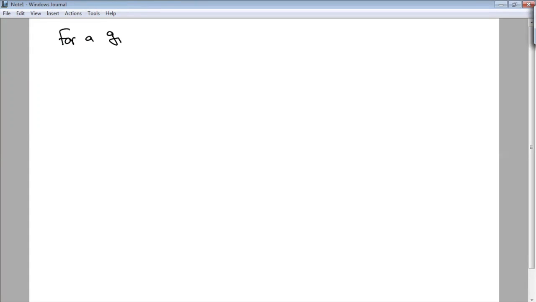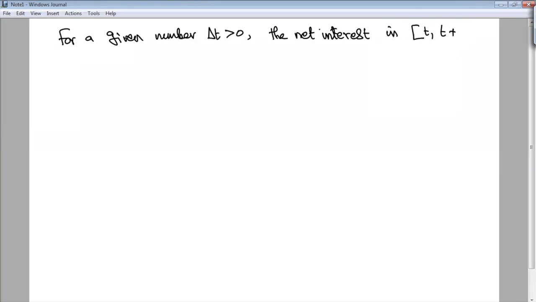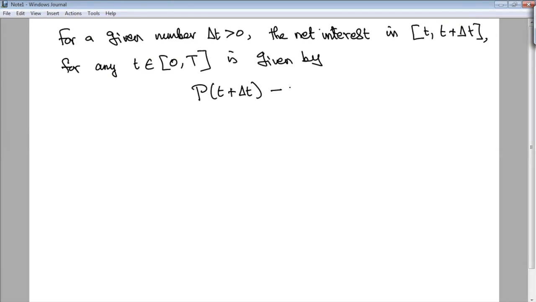For a given number delta t greater than 0, we can see that the net interest obtained in the interval t comma t plus delta t, for any t in the interval 0 to capital T, is given by P of t plus delta t minus P of t.